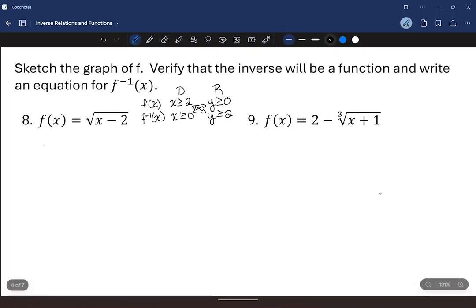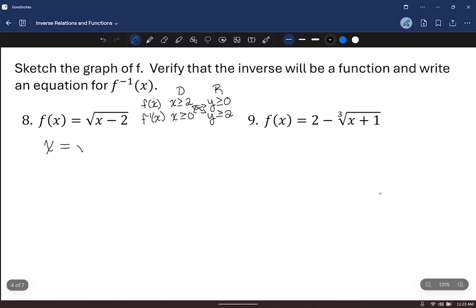Now, let's do the inverse. So we have x is equal to the square root of y minus 2. To get in there to the y minus 2, we're going to square both sides. That gives me y minus 2. We'll add 2, and that gives us f inverse of x is equal to x squared plus 2.